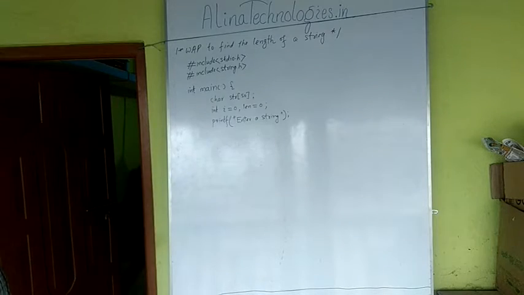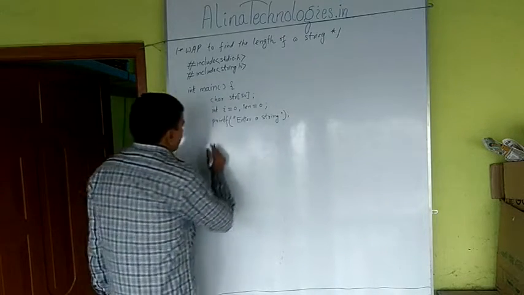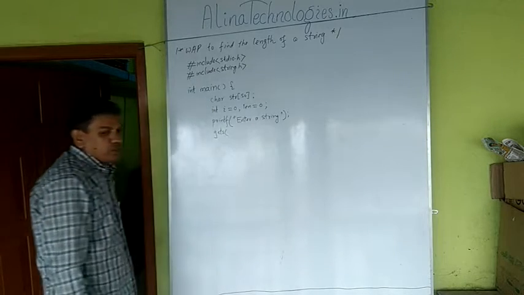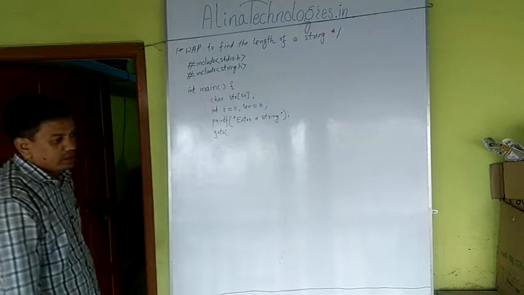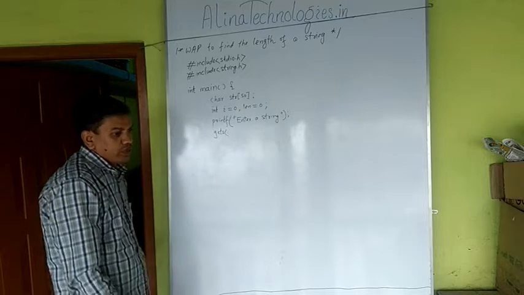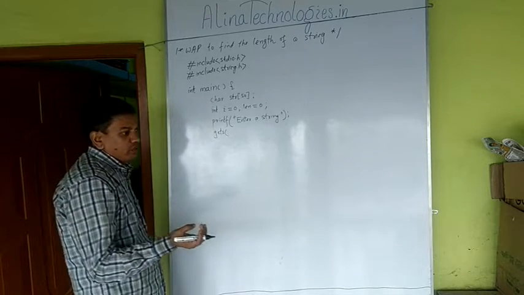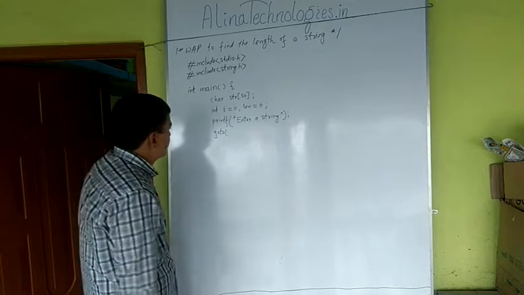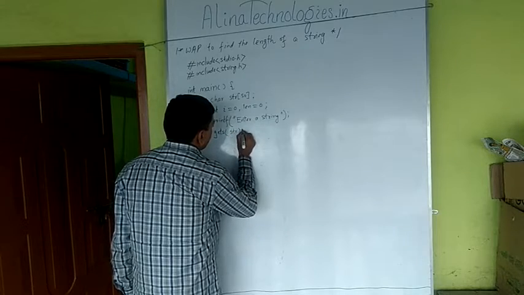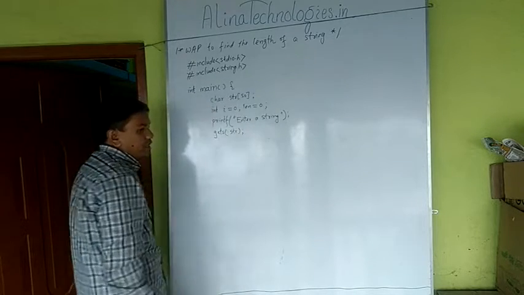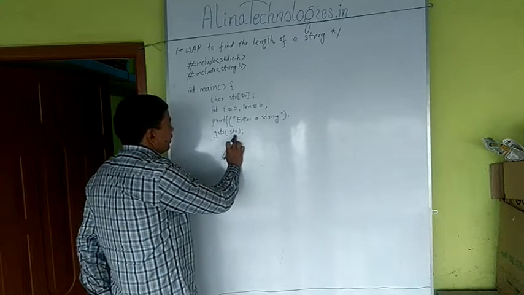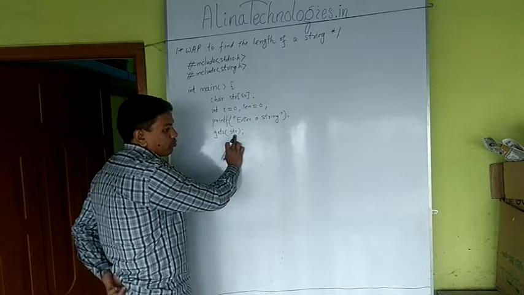In that case, the gets function will be used for inputting a string into memory. The gets function is used for reading a string from the console and storing it in the memory location str. str is a string array, so str, the name of the array, holds the base address of the array.